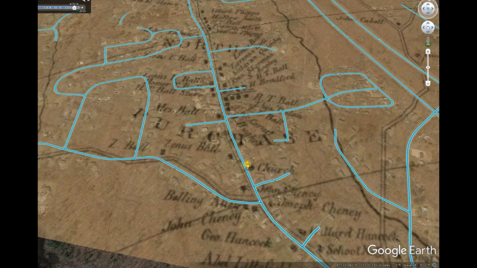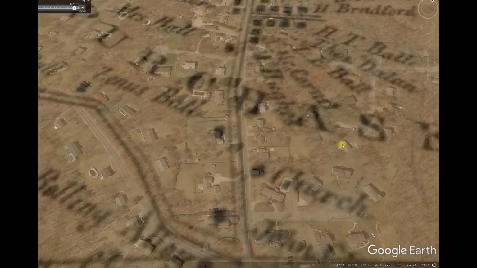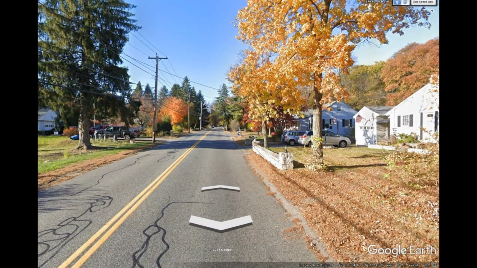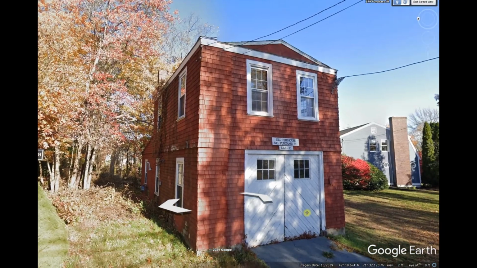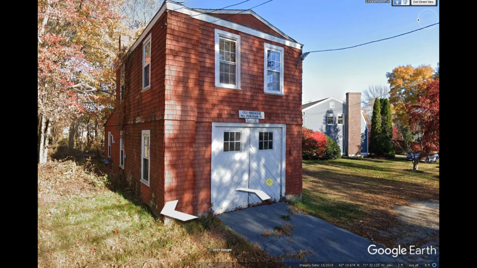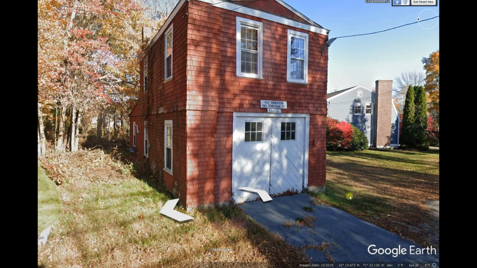And now afterwards it was the North Purchase Firehouse. So we can take a look at what that looks like today. This is the old firehouse. And like I said, there was a Methodist church that sat on this property before. And this was a schoolhouse also in this vicinity, in this piece of property.